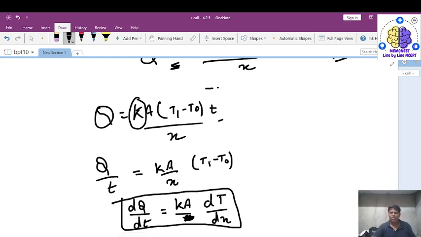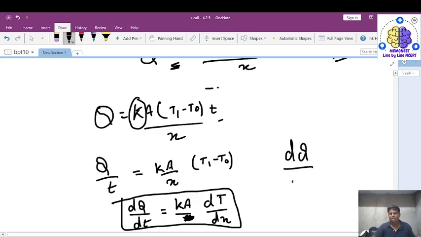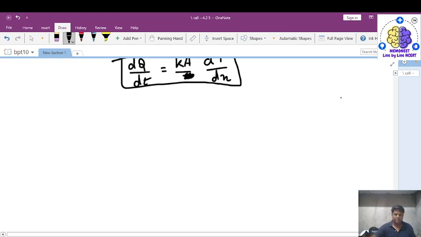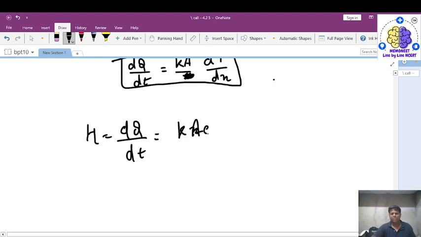This rate of flow of heat, dQ by dt, is also given by capital H. So we can write H is equal to dQ by dt is equal to K A into dT by dx.